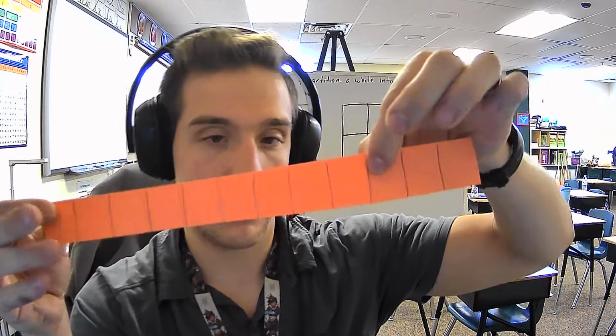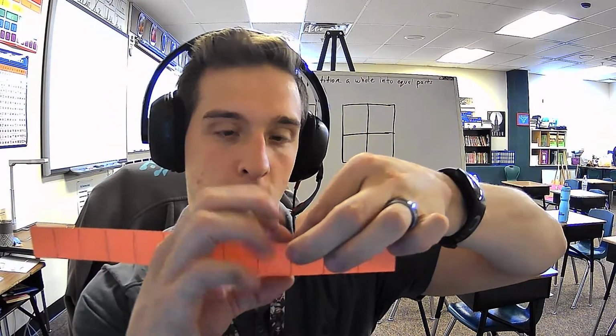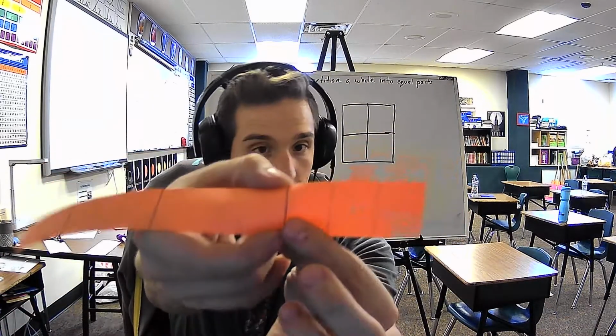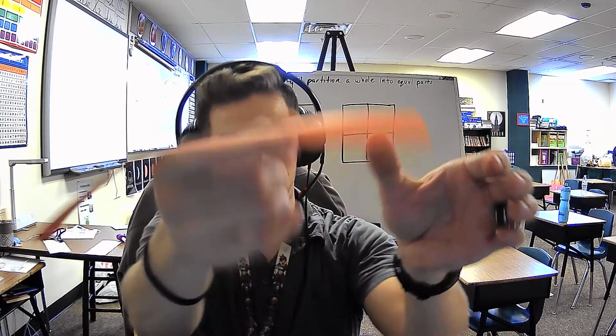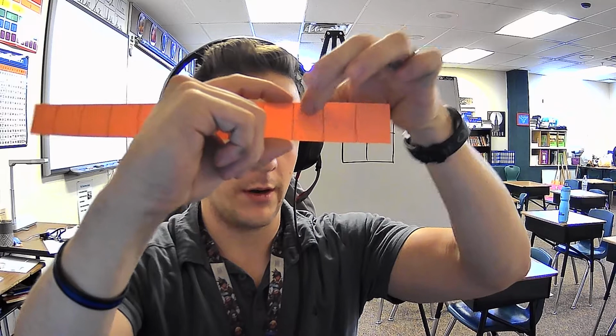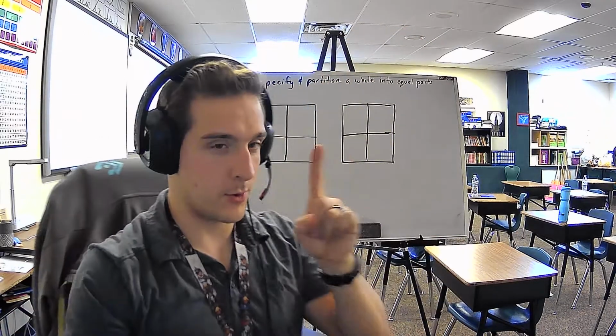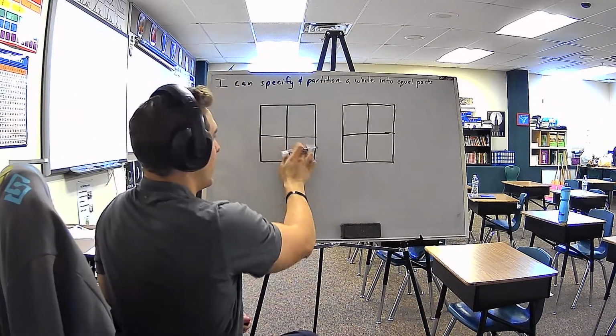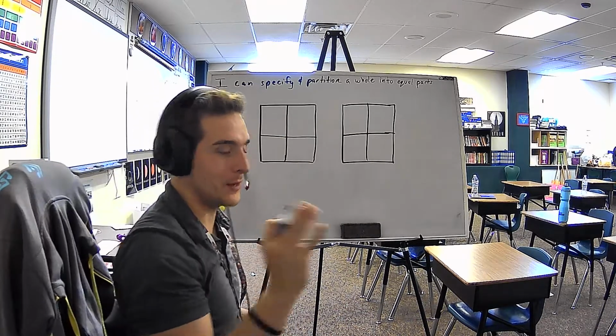So that's what I'm looking at. In one of these, 1/4, how many twelfths are in here? 1, 2, 3. So watch this. I'm going to cut each one of these into 3 equal pieces.